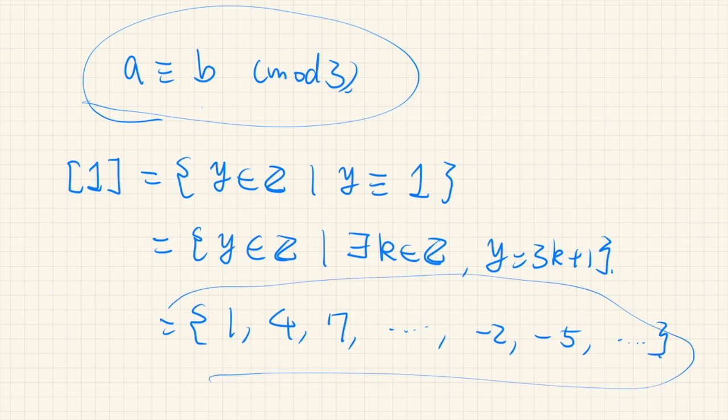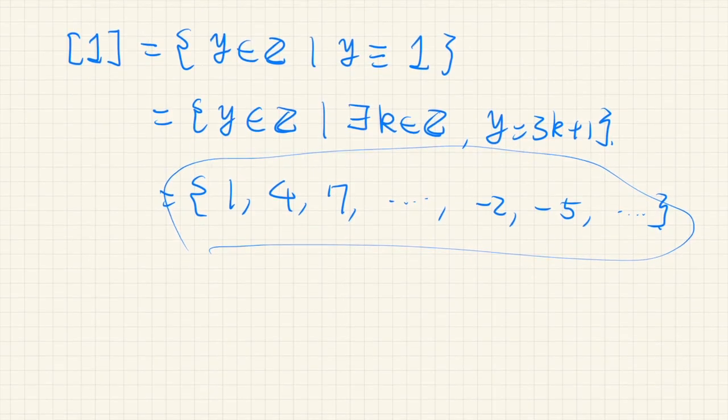And you can see that this is actually equal to the equivalence class of 4. It's the same thing. So these subsets are the same subsets. And of course, this is also equal to bracket 7 and so on.